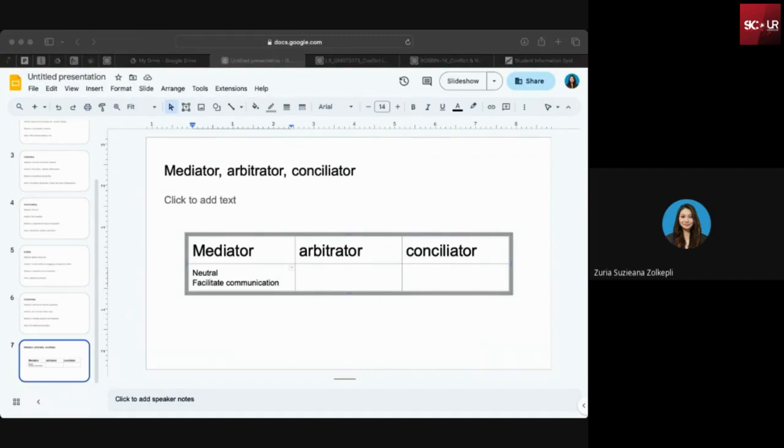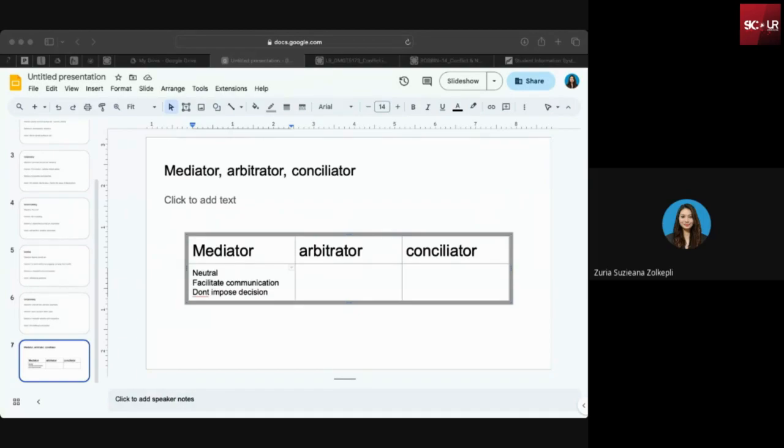A mediator lah, kan, orang tengah, and negotiate between the conflicting parties. Tapi for mediator, they don't impose decision. They just encourage you to talk, to negotiate, to find a settlement. This is mediator lah.